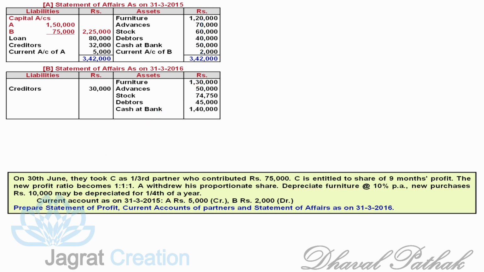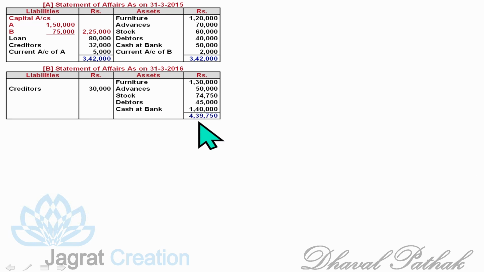Total assets 130 plus 50 plus stock 750, 45,000 debtors. This is the total of assets. From that creditors are deducted. So you will get the capital of A, B and C. Combined capital of A and B and C is 4,09,750.